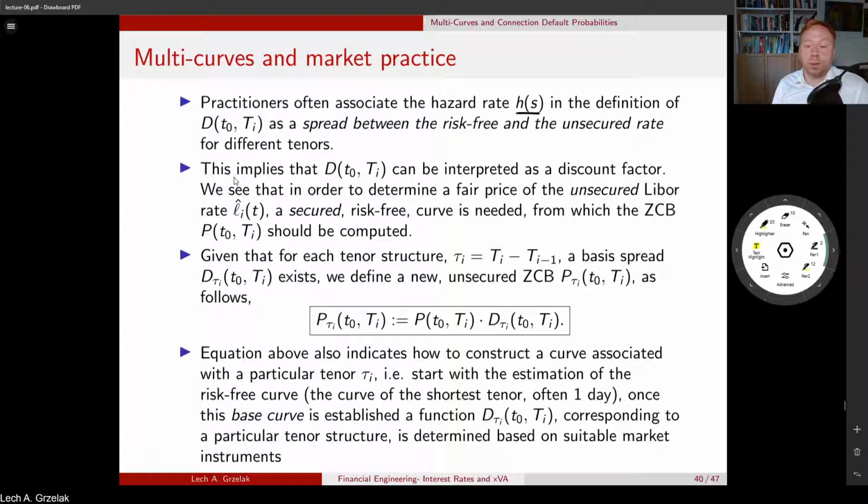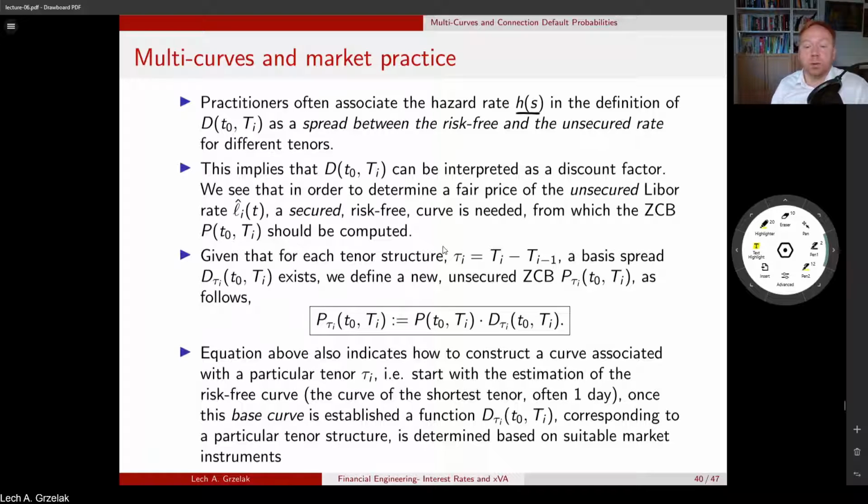So we see that in order to determine a fair price of unsecured LIBOR, the one where the counterparty could default, indicated by this L hat, a secured risk-free curve is needed from which the zero coupon bond should be computed. So first we compute the risk-free zero coupon bond. This will be done on this, let's say, daily tenor structure. And then we add this additional zero coupon bond to represent the additional risk premium that has to be added. And of course, we have to keep in mind that we have this tau, because this will be for every different tenor.